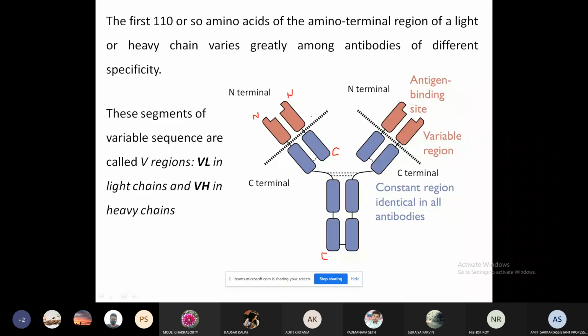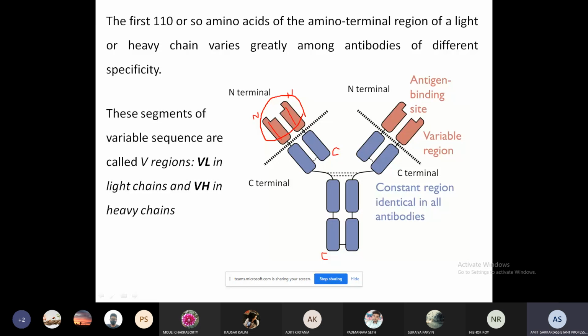Now, the first 110 amino acids of this heavy chain and the first 110 amino acids of the light chain from its N-terminal are found to vary greatly from one antibody to another. So the specificity or the versatility of the antibody depends only on this particular region.